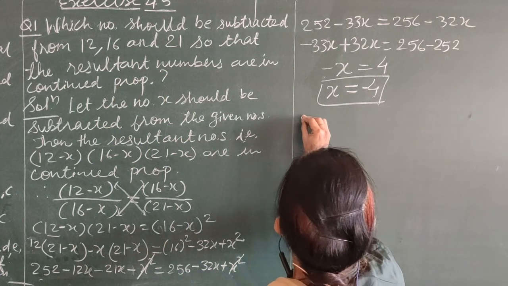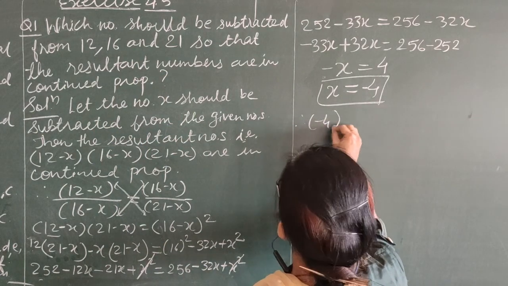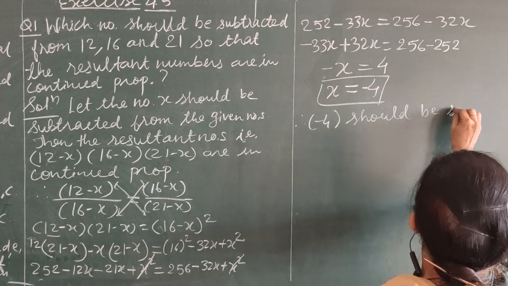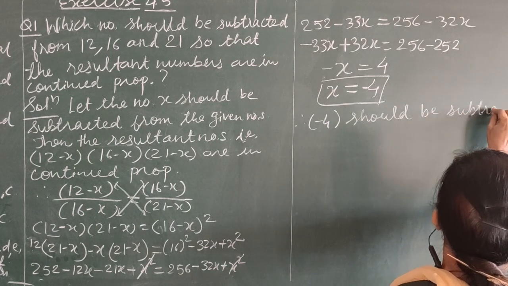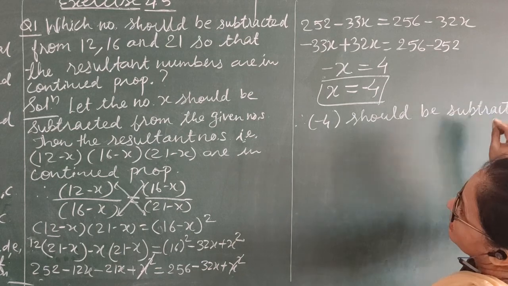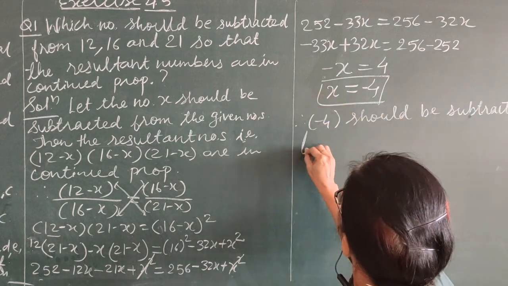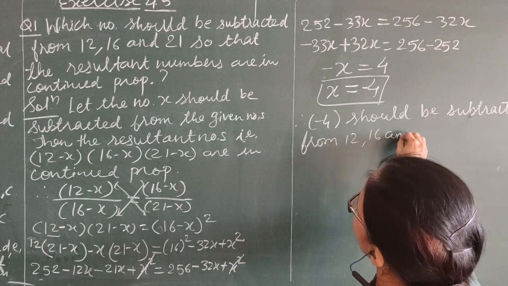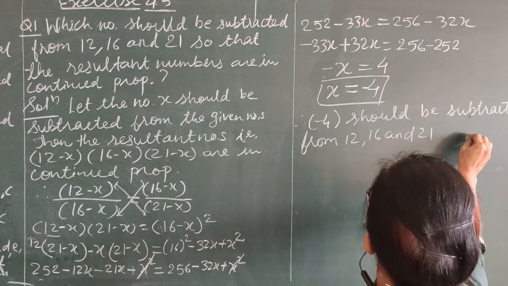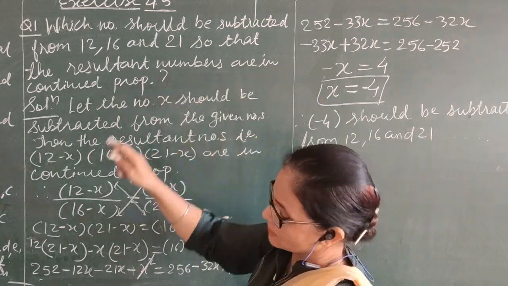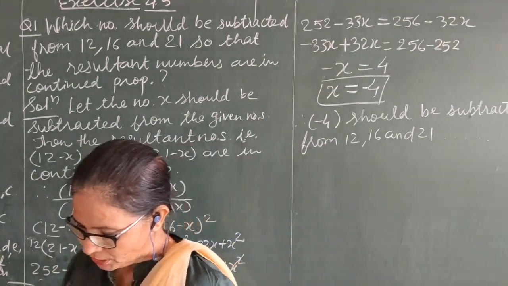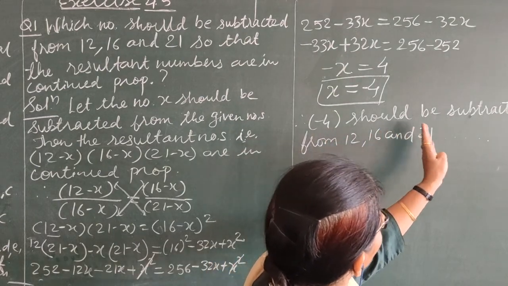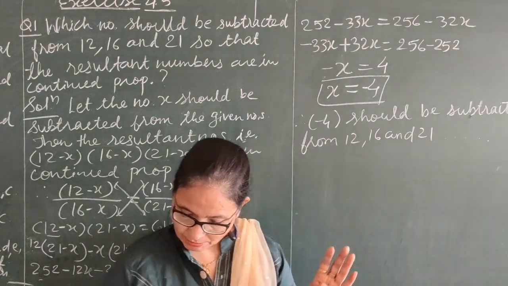So you can write down: therefore, minus 4 should be subtracted from 12, 16 and 21 so that the resultant numbers are in continued proportion. Or you can write up to this also, that minus 4 should be subtracted from the given numbers.